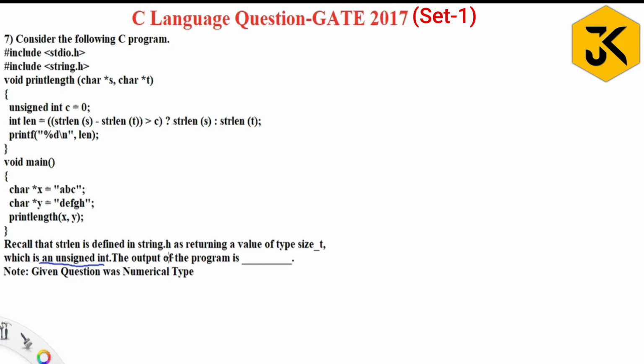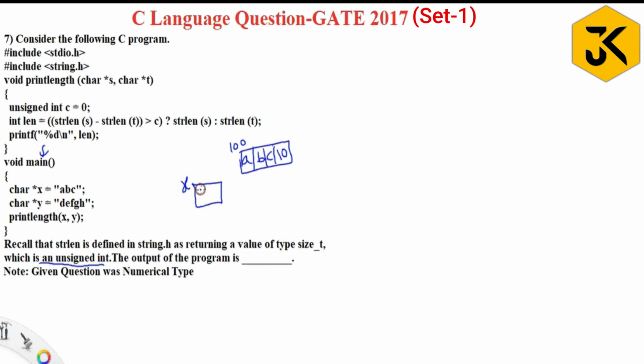Every C program starts executing from the main method. The immediate statement defines a character pointer x and a string a b c with a null character. Let us take this address as 100.